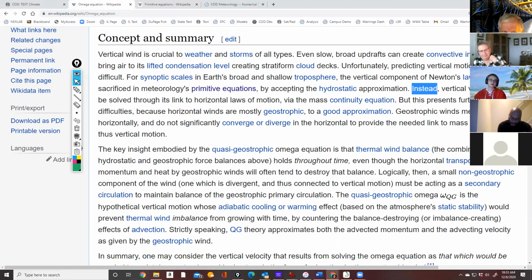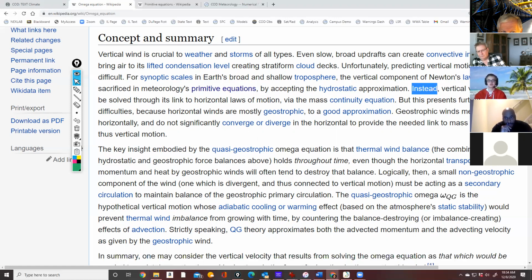The key insight embodied by the quasi-geostrophic omega equation is that the thermal wind balance, i.e. the combination of hydrostatic and geostrophic force balances above, holds throughout time, even though the horizontal transport of momentum and heat by geostrophic winds will often tend to destroy the balance. Logically, then, a small non-geostrophic component of the wind, one that is divergent and thus connected to vertical motion, must be acting as a secondary circulation to maintain balance of the geostrophic primary circulation.